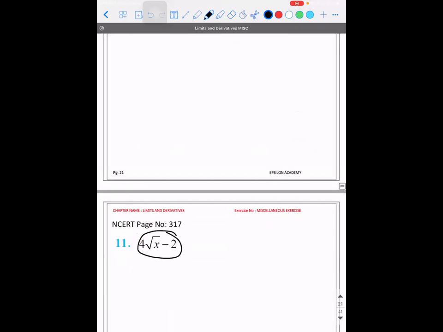So derivative of 4 root x minus 2. Root x can be written as x power half. Do it faster.